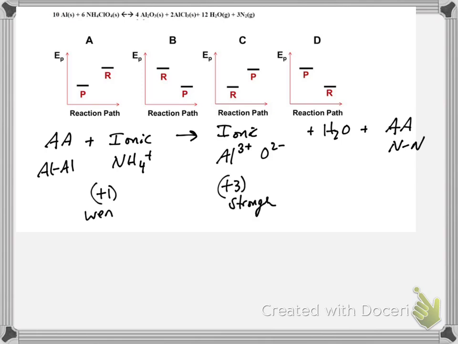The +3 times the -2 in aluminum oxide gives a -6 potential energy, which is a very strong interaction. The +1 for NH4 plus is weaker, so we have exothermic behavior based on ionics. That would be our analysis based on ionic strength.